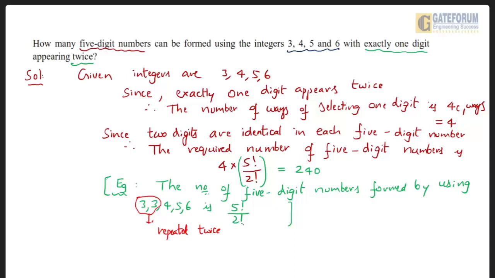This is permutations of n given objects where already 1 digit is repeated. So what is this answer, you remember? This is 60 ways, 4 into 60, totally 240 ways. So this is the answer, 240. This is the end of the question.